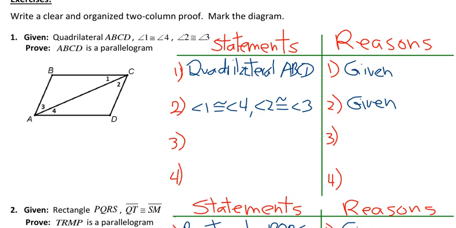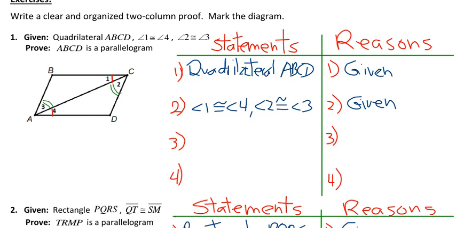So what we know is that angle 1 is congruent to angle 4 and angle 3 is congruent to angle 2. So what can we get from this? Well, if we look at the diagram, angle 1 and angle 4 are forming the Z with segments BC and AD.